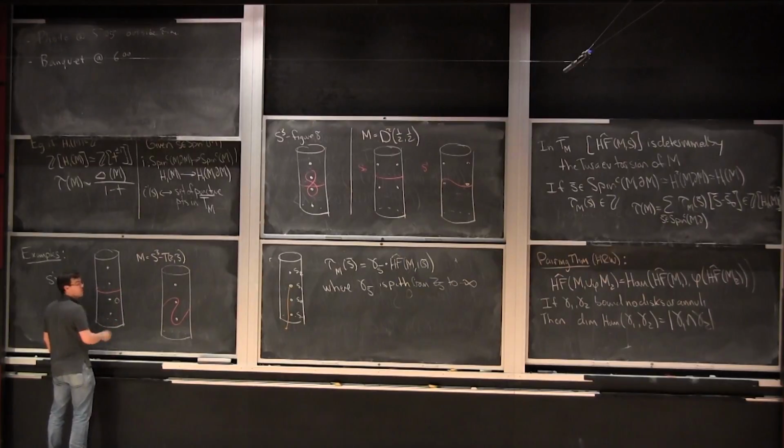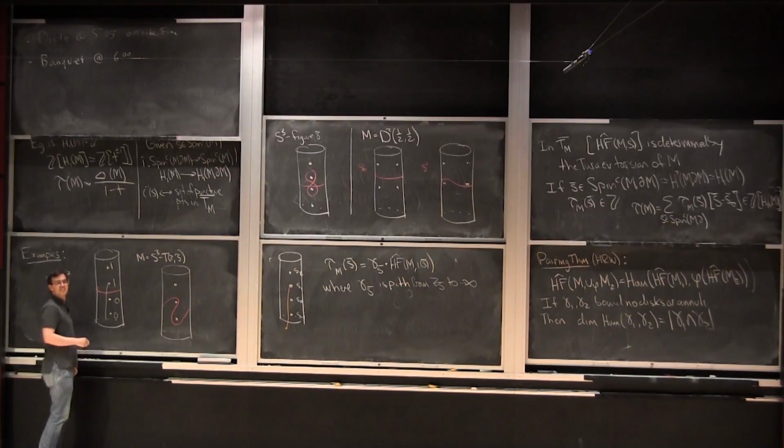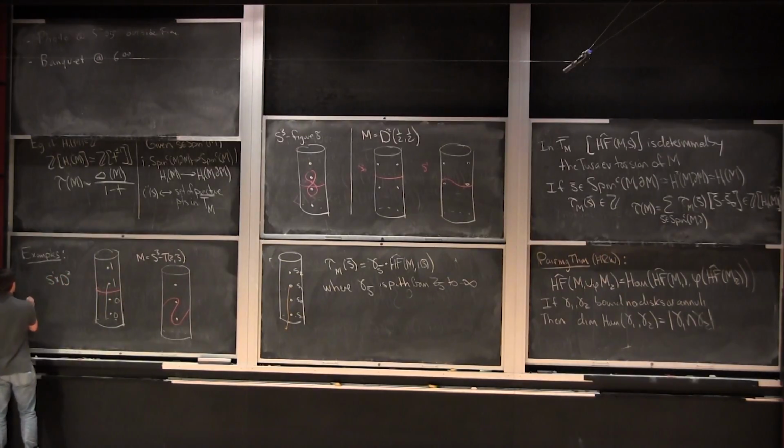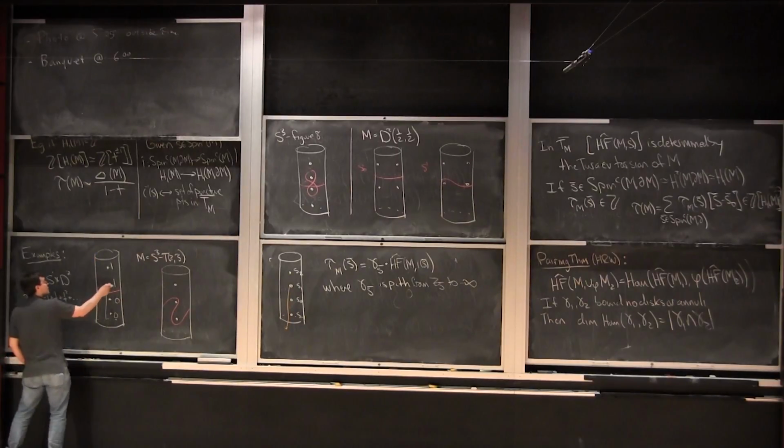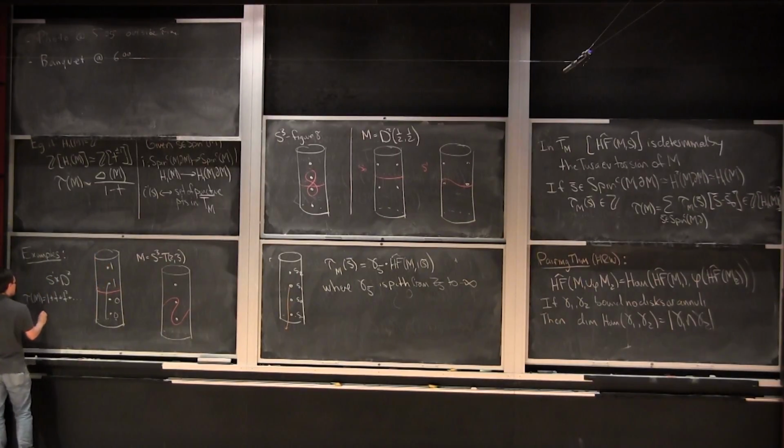All right, so this number is 0. Similarly here, this number is 0. On the other hand, if I draw this path, I get intersection number 1. Okay, so what this says is that tau of M is 1 plus t squared plus so forth and so on. This is giving the 1, this is the t, which is 1 over 1 minus t.